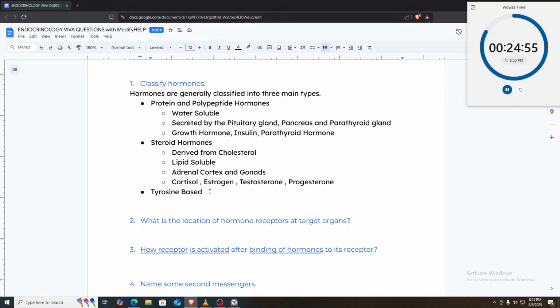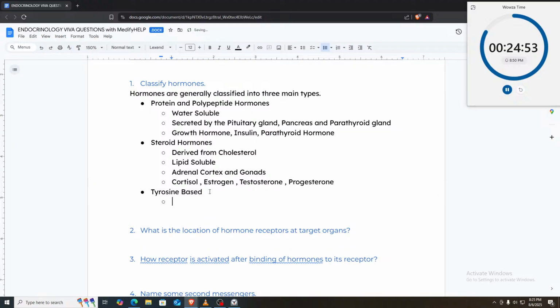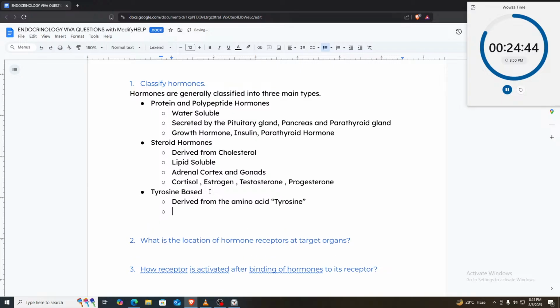They are derived from the amino acid tyrosine, and you have T3, T4 as your examples, and epinephrine and norepinephrine as good examples.